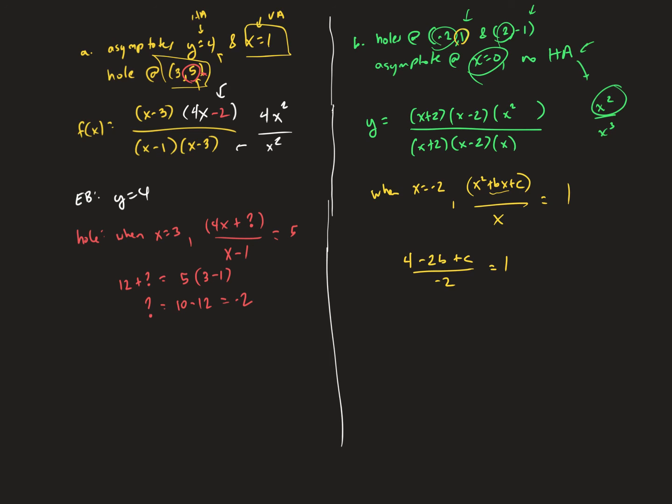So what I'm going to do is use the other hole and say the same thing has to equal -1. So now I plug in 2.